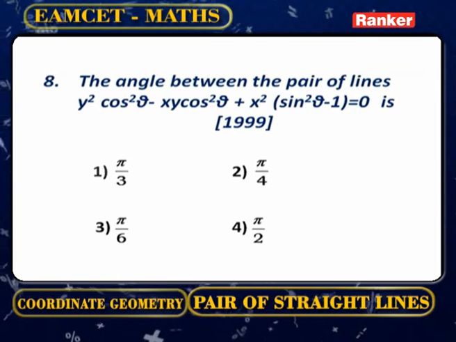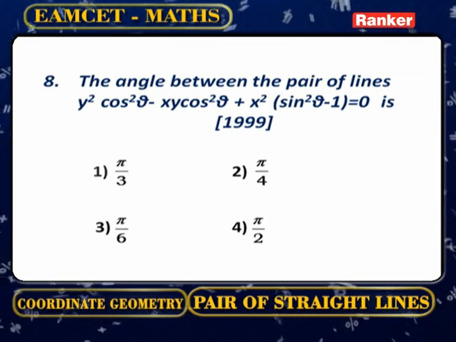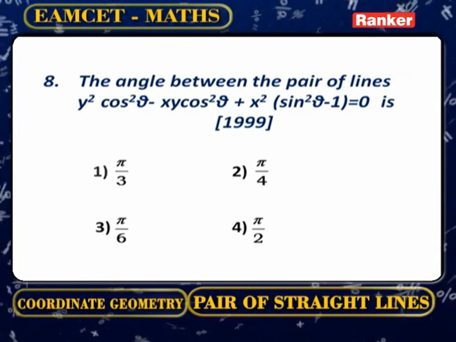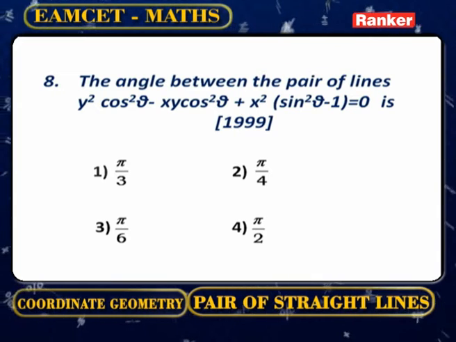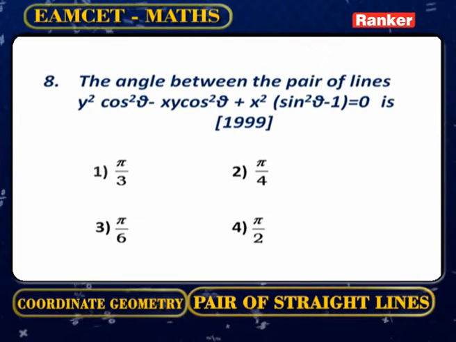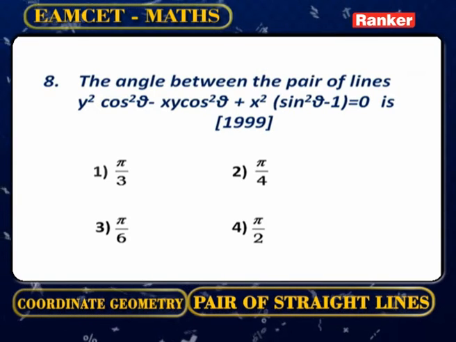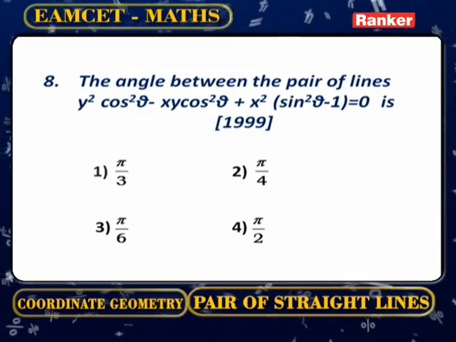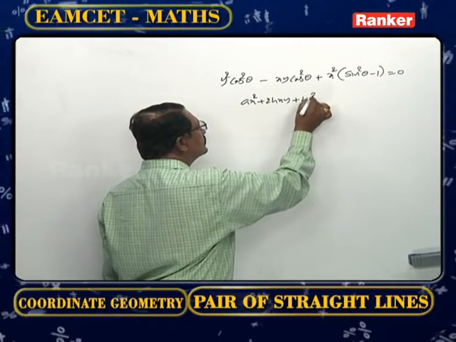The angle between the pair of lines y square cos square theta minus xy cos square theta plus x square into sin square theta minus 1 equals 0. Suppose the pair of lines equation is ax square plus 2hxy plus by square equals 0.